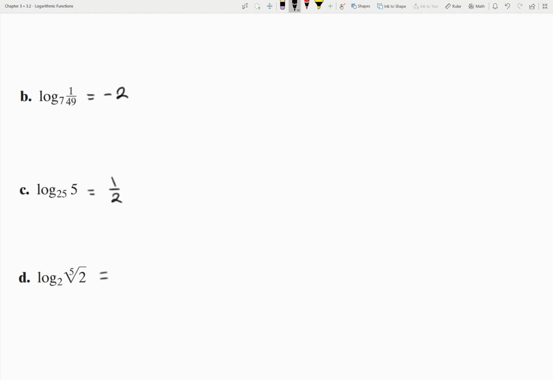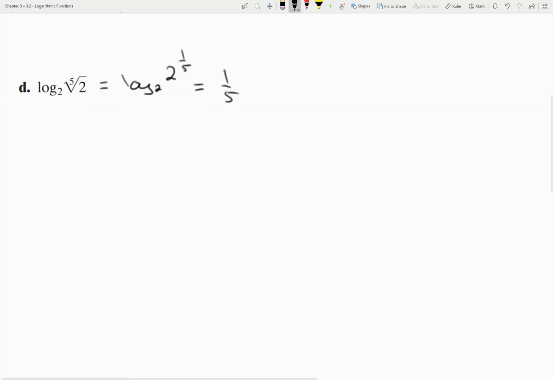And another way to think about part D, if I rewrite this as a fractional exponent, the fifth root of 2 is saying 2 to the 1/5 power. So now this is basically saying, what power do you raise 2 to and you get 2 to the 1/5 power? Well, that's just 1/5. And that's going to be one of our properties that we'll look at later.